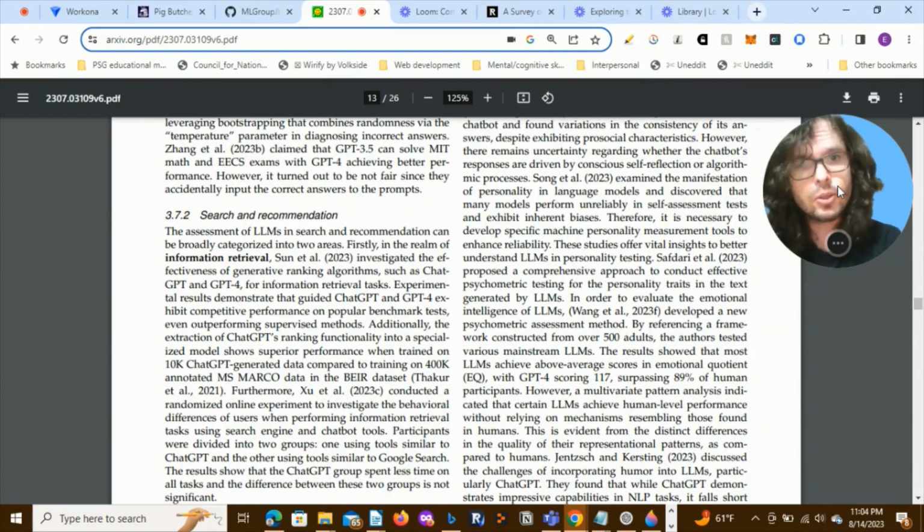It was found by Song this year that when you have LLMs take self-assessment tests, they can actually become somewhat fixated on giving answers of the same type or the same kind, regardless of the situational factors that are inserted into the questions. Which is somewhat interesting, because LLMs are supposed to be able to pick up on context and have an accurate understanding of situations, right? But it turned out that they were giving the same type of answers regardless of whether the researchers changed the situation that was being asked about in the question.